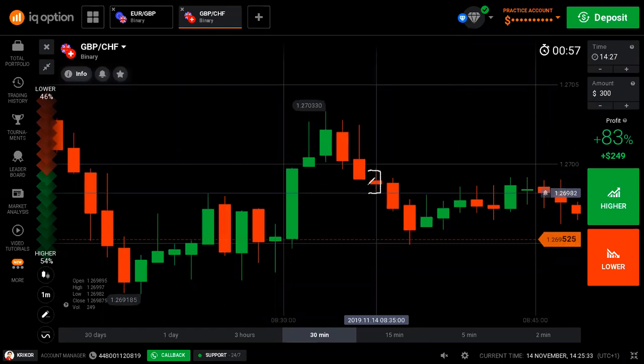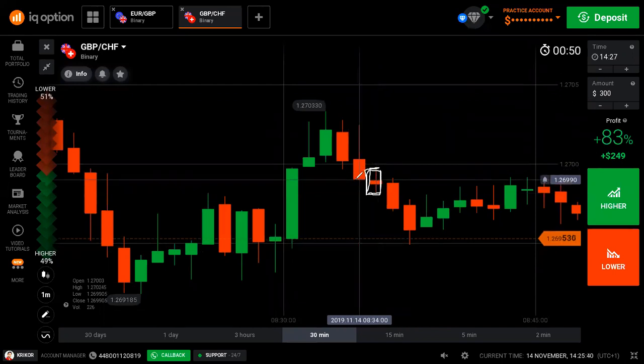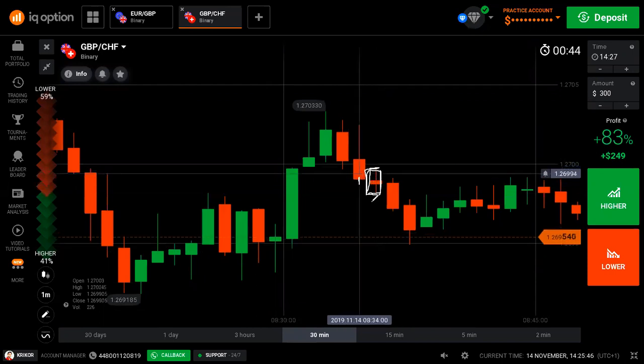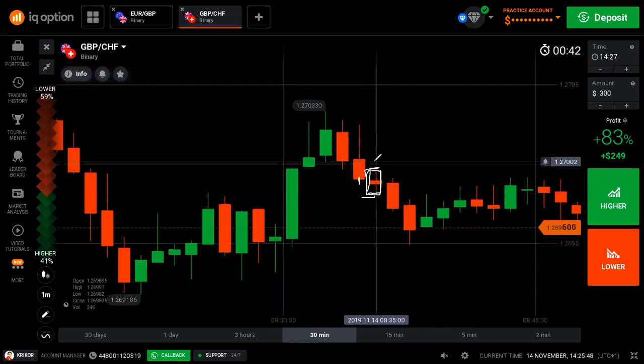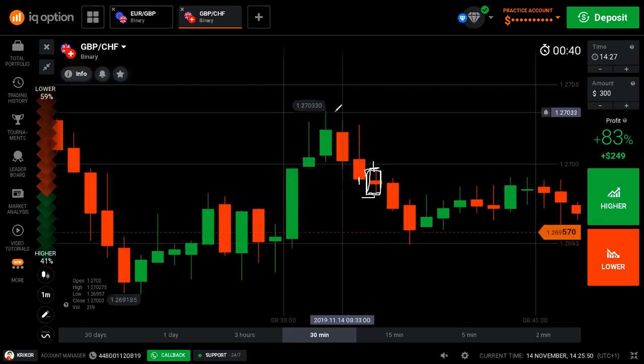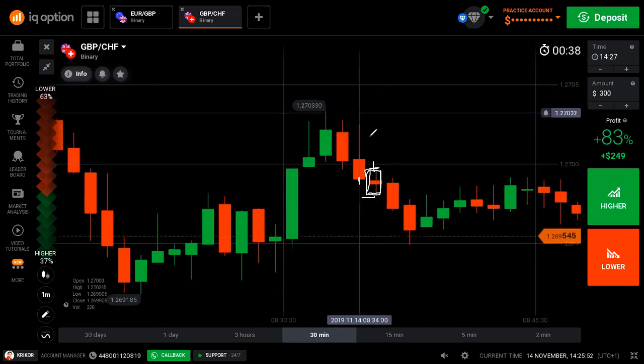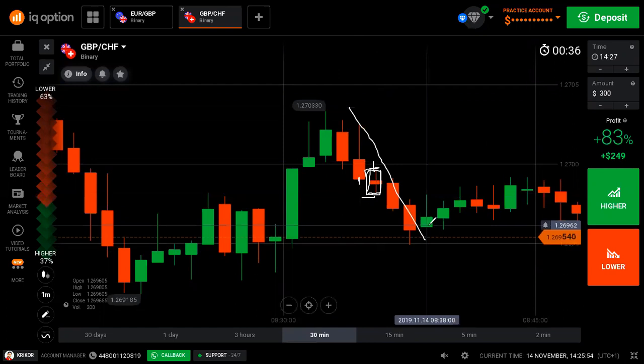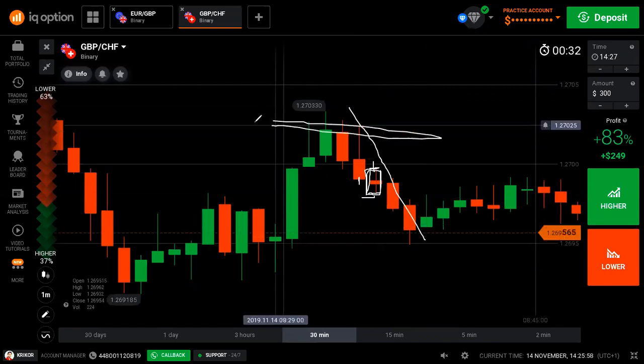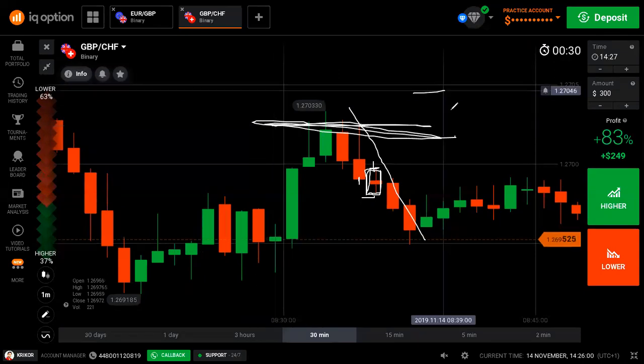Good question. If this candle is a momentum candle and this candle is not, let's assume this candle has a wick here. Then this candle is a momentum candle in the middle of the trend, because you know that the trend has reversed from this level. This is the SNR area.